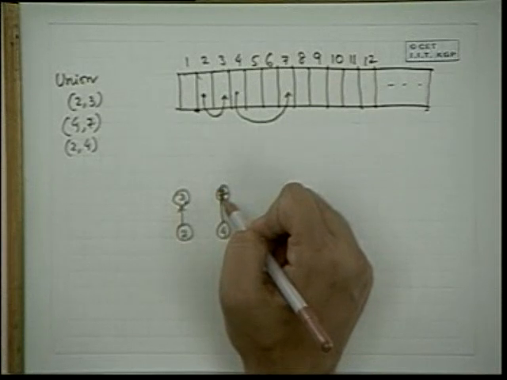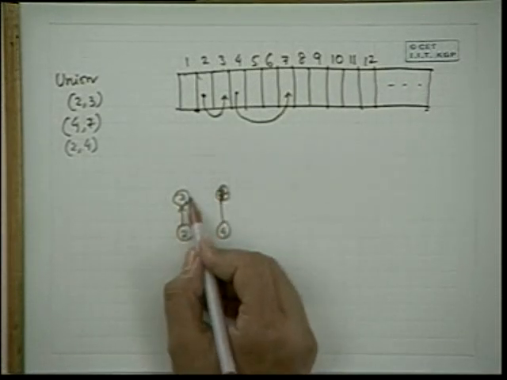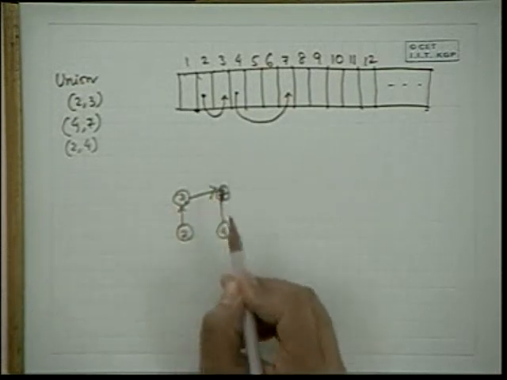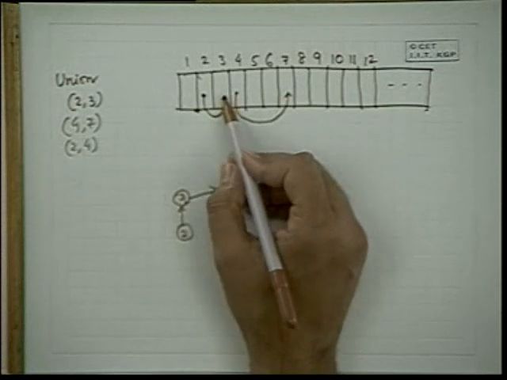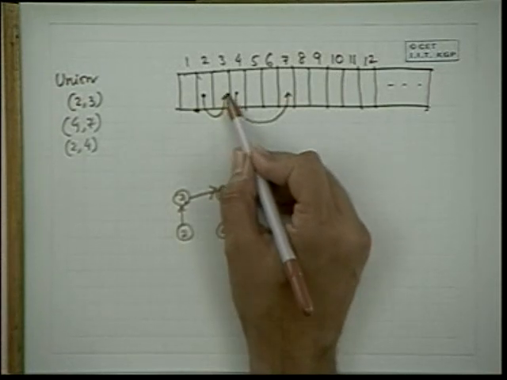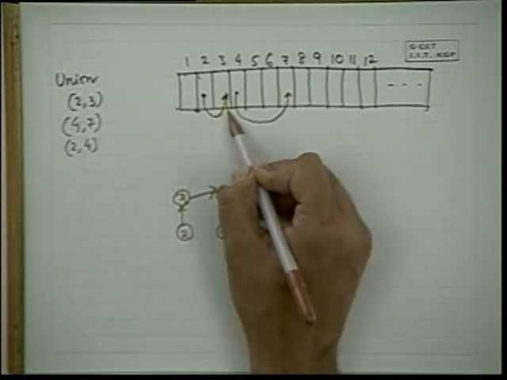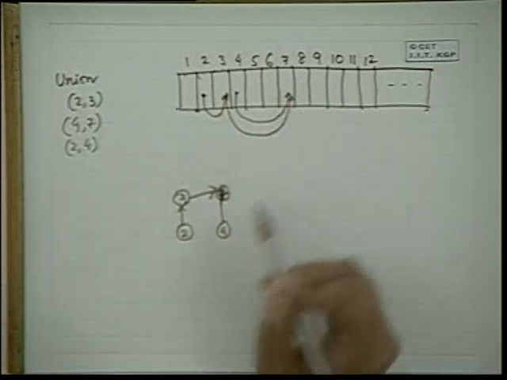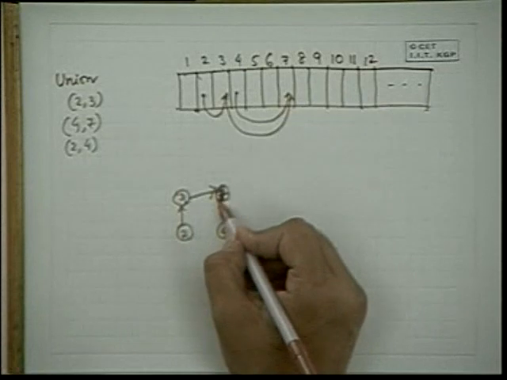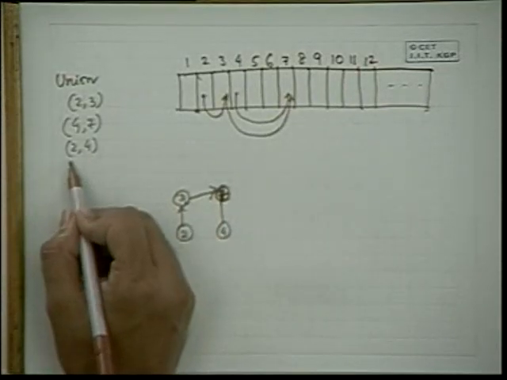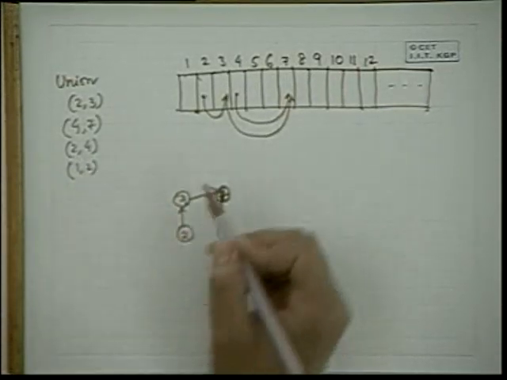So as I said, one will be linking to the other. So I have chosen that 3 will link to 7. So what does it mean? It means this, from the 3 there will be a pointer to 7 now. So this is 7.